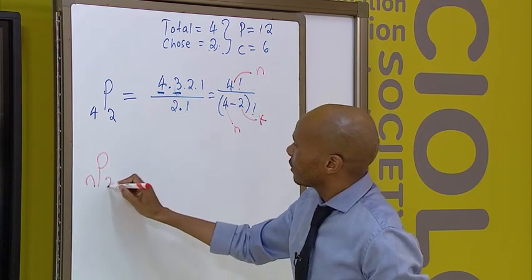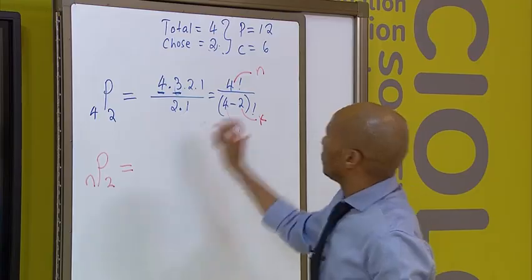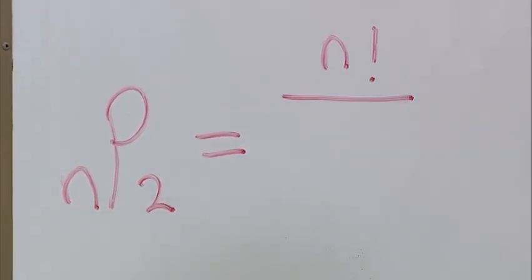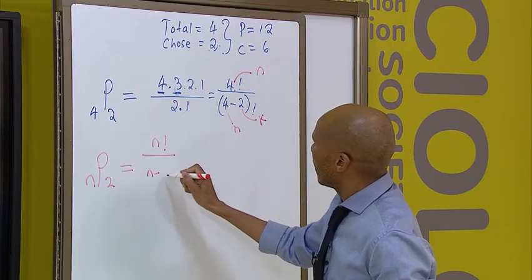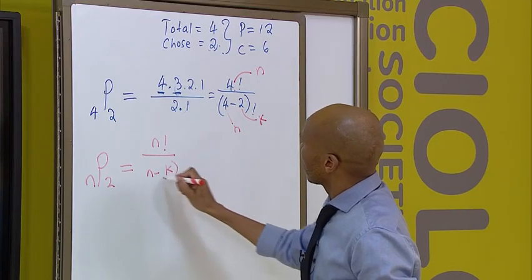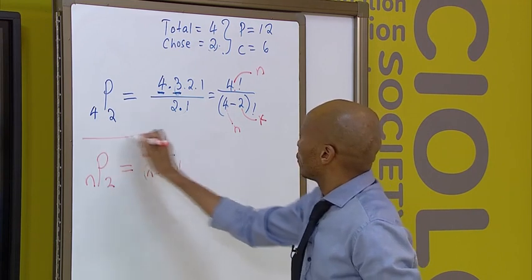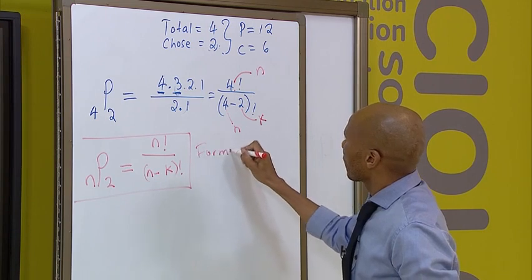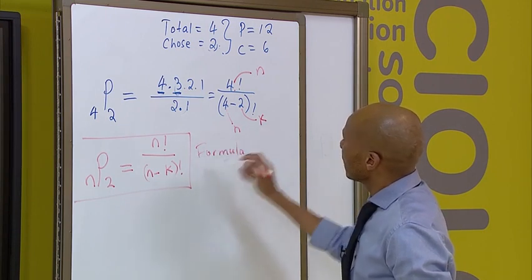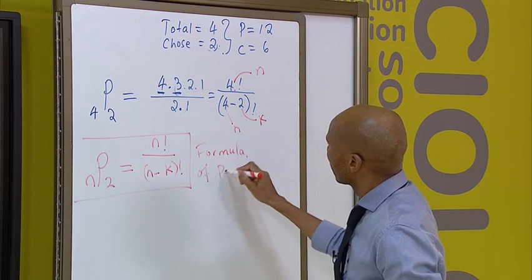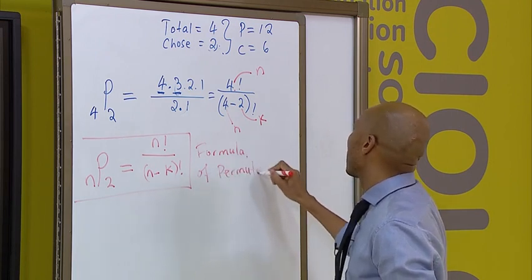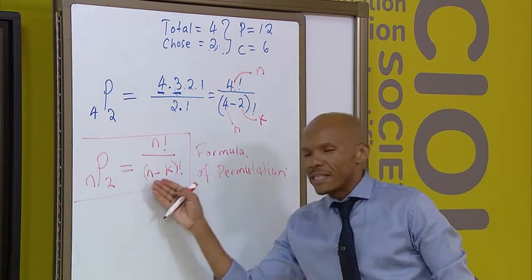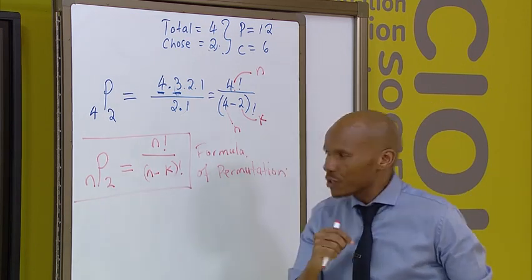You pick k. That will be n factorial divided by n minus k factorial. So that is our formula of permutation.